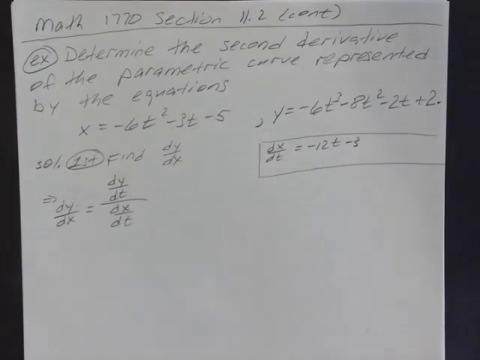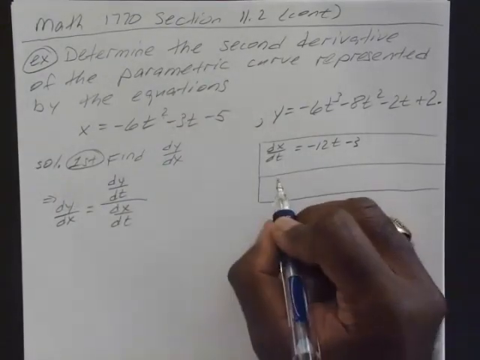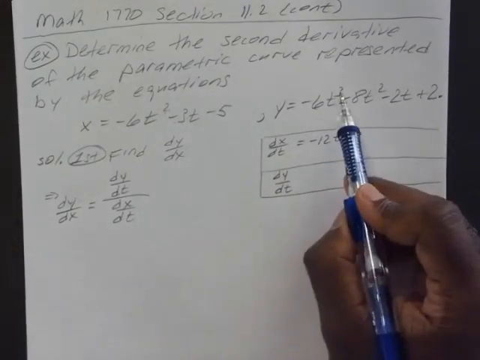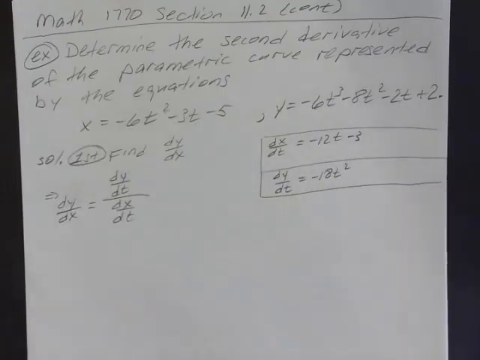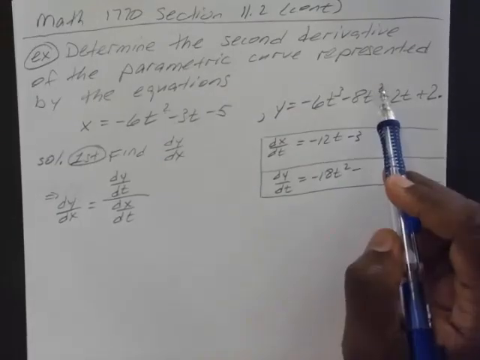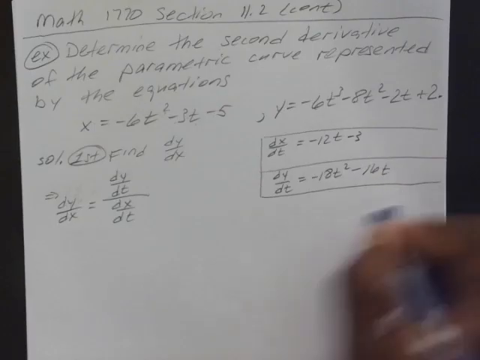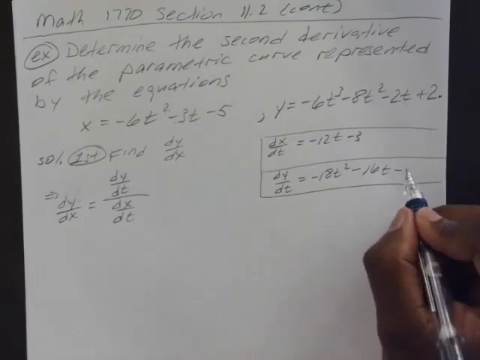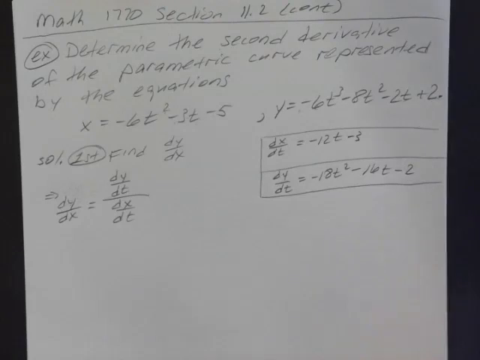So our dx dt is negative 12t minus 3. And our derivative of y with respect to t, we bring down the 3, that gives us negative 18t squared, minus, we bring down the 2, that's negative 16, so negative 16t. And the derivative of t is 1, so that's just minus 2. And the derivative of 2 is 0, so that would just disappear.